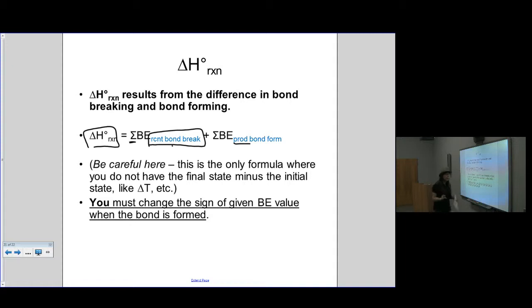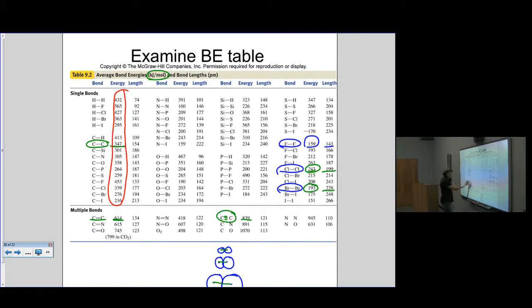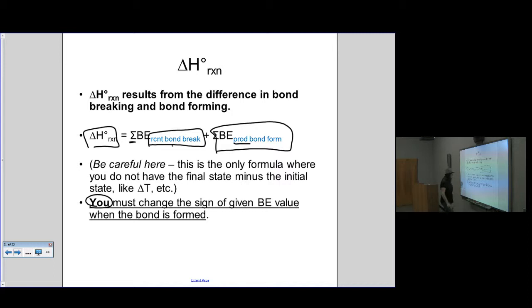When we did enthalpy about temperature, we did temperature final minus temperature initial. This one is the other way around. And you have to change the sign from this value when your product is formed.